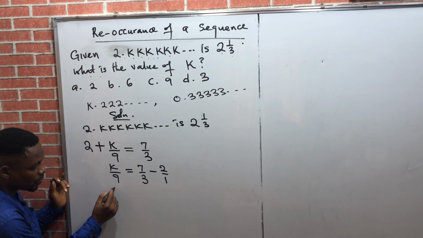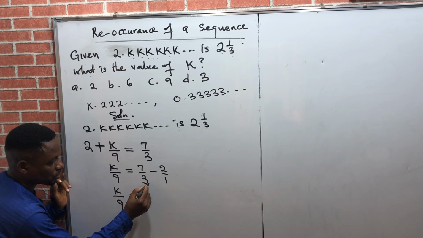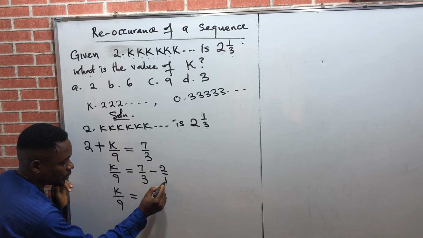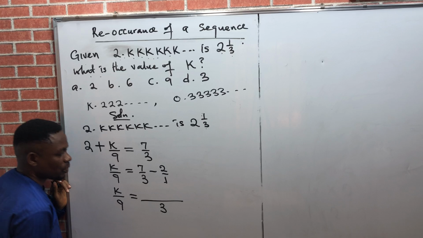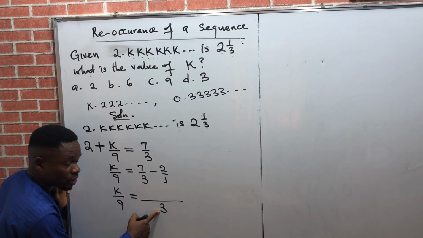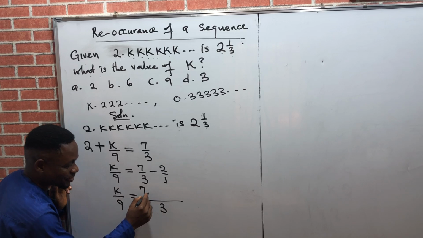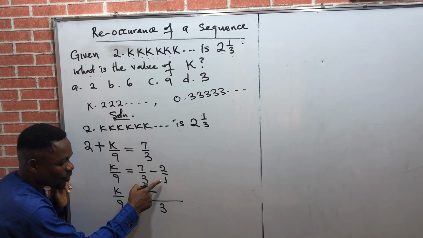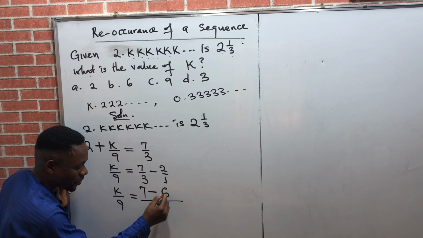So if you continue, you have k all over 9. Then it is now equal to, take the LCM. The LCM here is 3. 3 by itself will give you 1, and 1 times 7 is 7. Then minus, 1 can go into 3, how many times? 3 times 2 will give you 6.